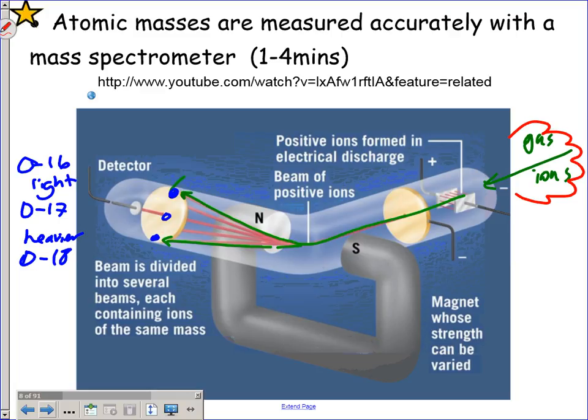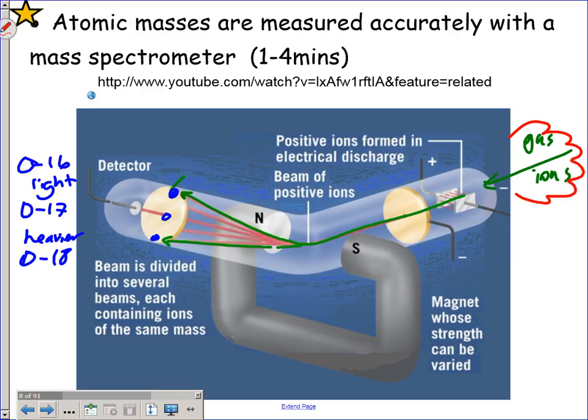They stay in more of a straight line. The light ones you can deflect in a heartbeat because they're lighter. So you have this deflection pattern that differs, and this is a detector. The detector will then count the number of hits from the light isotopes, the lower molar mass ones, or the lower number of neutrons, and the heavier ones will stay in a straighter beam.